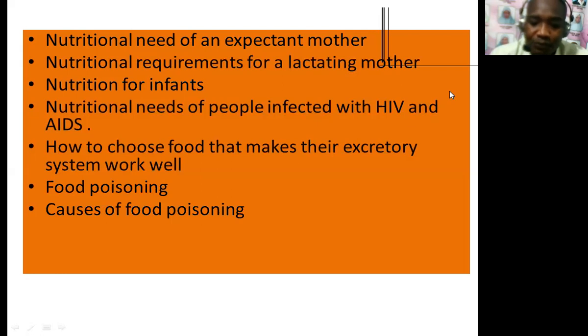This prevents food poisoning. Avoid eating green or sprouting parts of potatoes because they contain poisonous substances.